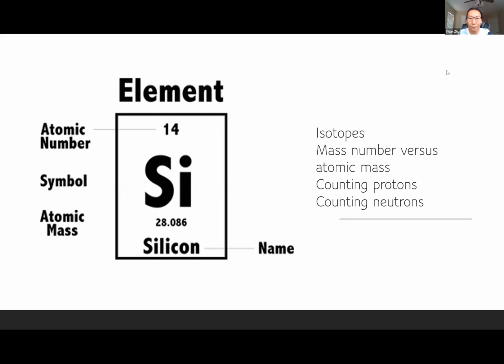And so right now we're going to go over the difference between a mass number versus an atomic mass. The mass number is what you get if you round the atomic mass to a whole number, and the mass number is equal to the number of protons plus the number of neutrons.